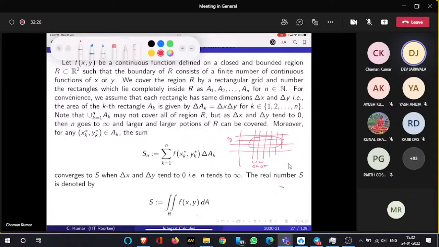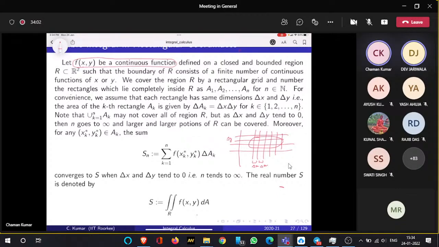These rectangles are used to fill the region of integration, so whether you fill it by the rectangular shape or some other shape, it really does not matter.